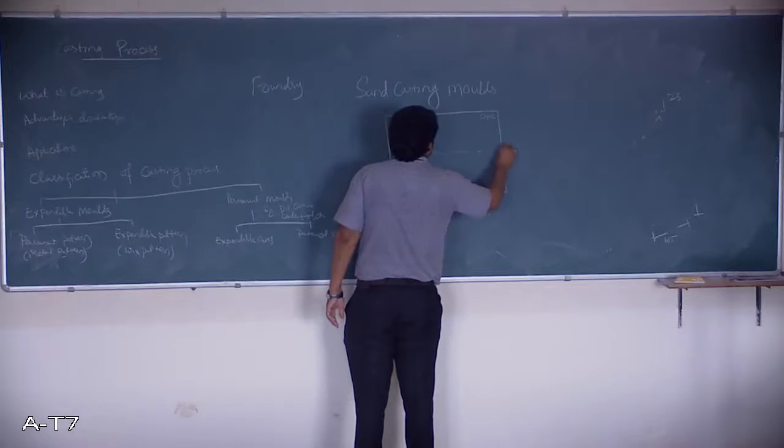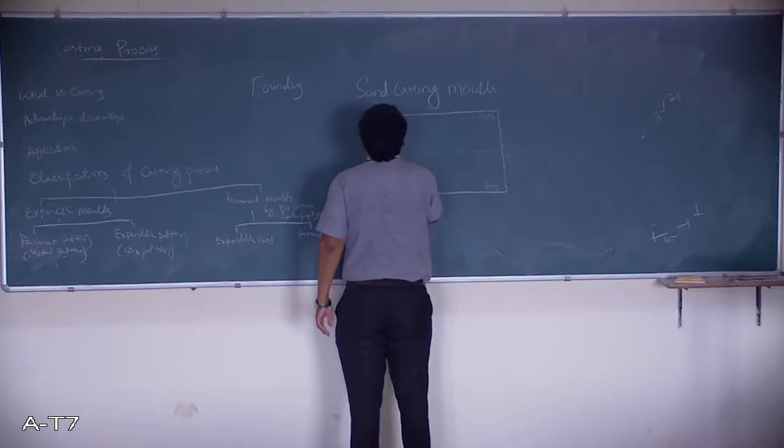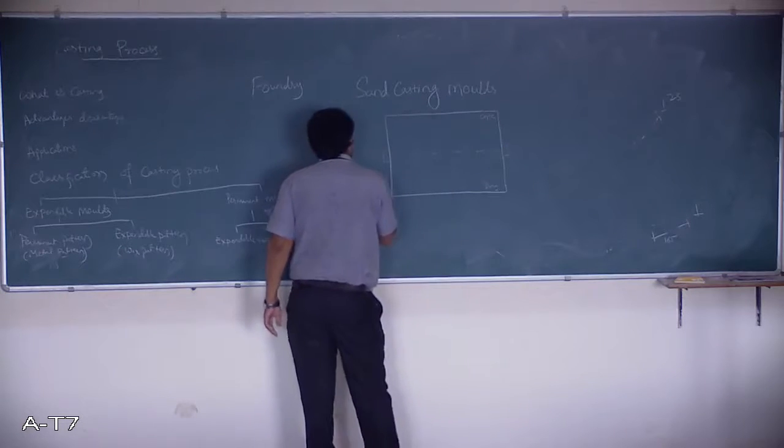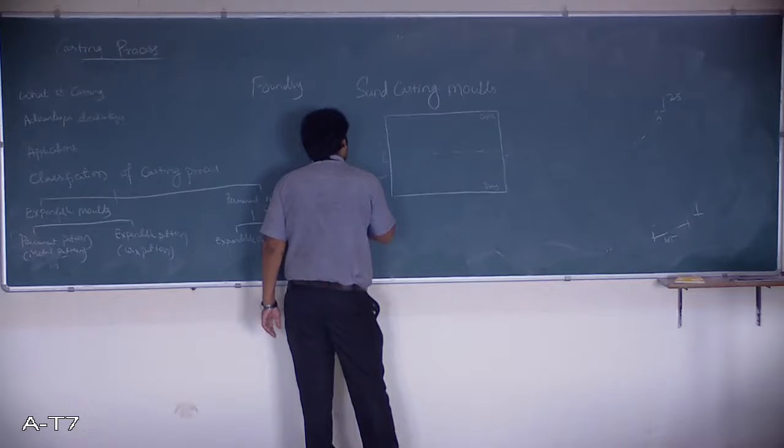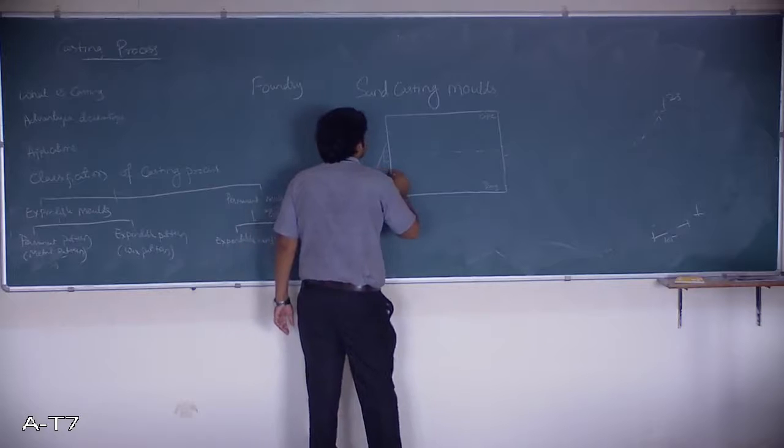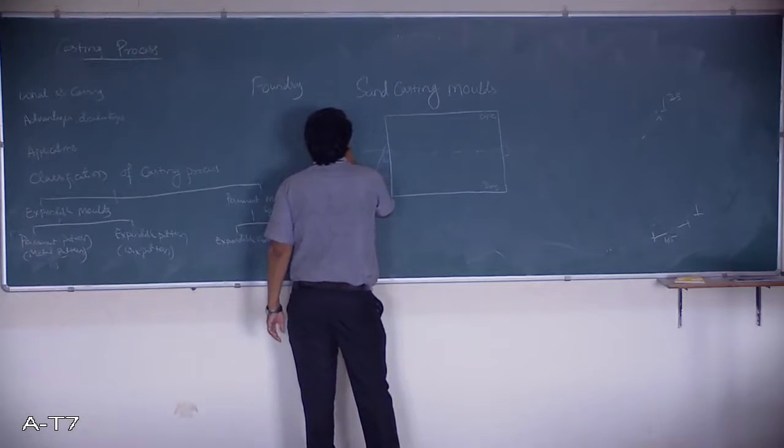We have pins over here for alignment. Both parts together are called the flask. Then we have this line called the parting line.